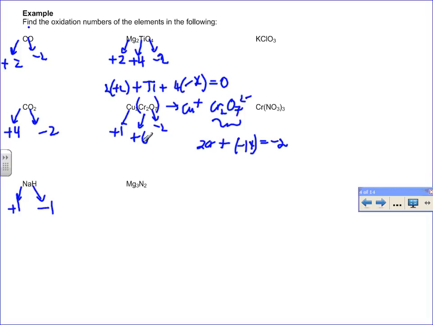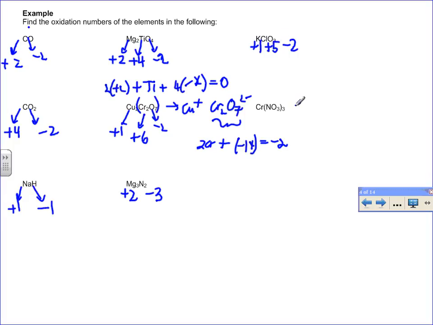In this case, you've got an alkaline earth metal, magnesium, with +2, and the nitrogen is -3. In this particular one, it's a straightforward ionic compound, so the charges on each of the elements are as predicted, their oxidation states. KClO3: potassium is +1, the oxygen is -2, and using the zero-sum rule, we get +5.